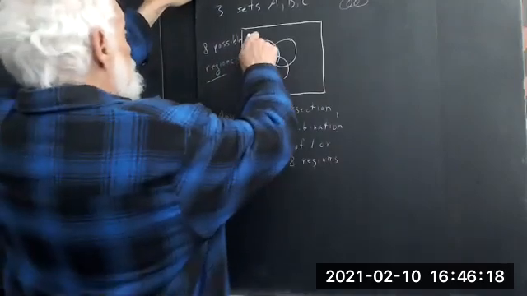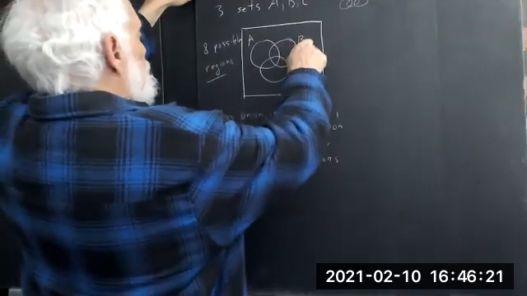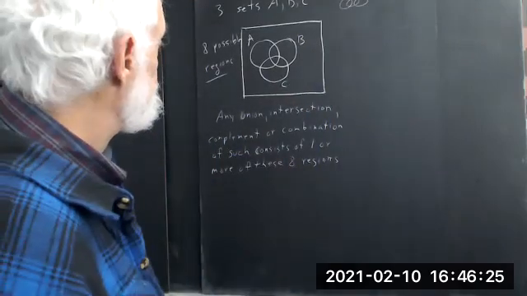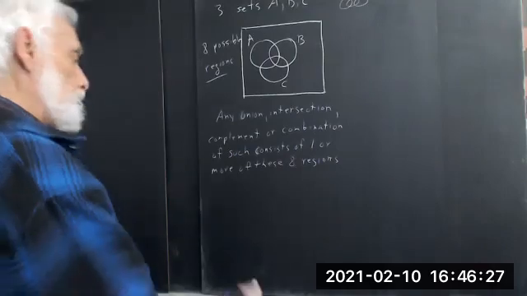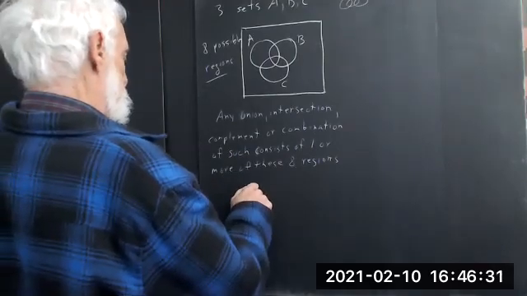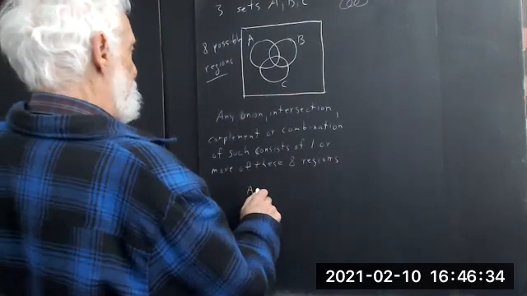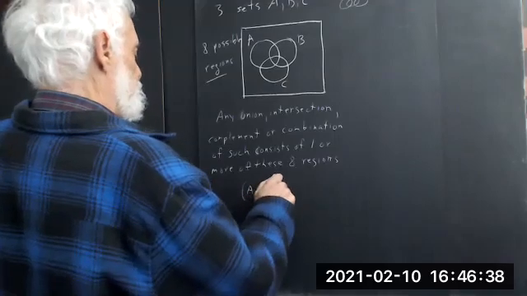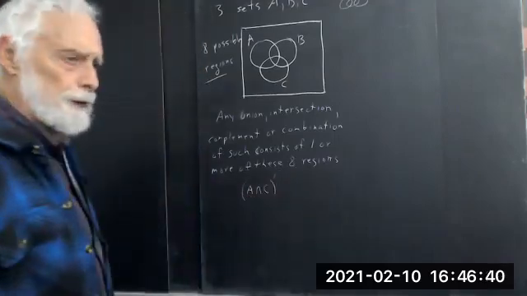Well, let's let the first set be A, let the second set be B, let the third set be C. Then let's consider A intersection C prime.